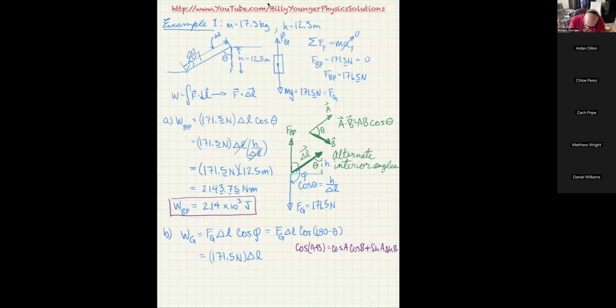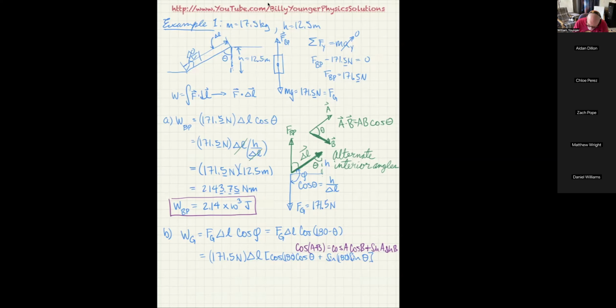So what we're going to do is say that in place of this cosine of 180 minus theta, I'm going to go ahead and write it as cosine 180 times cosine theta plus the sine of 180 times the sine of theta.